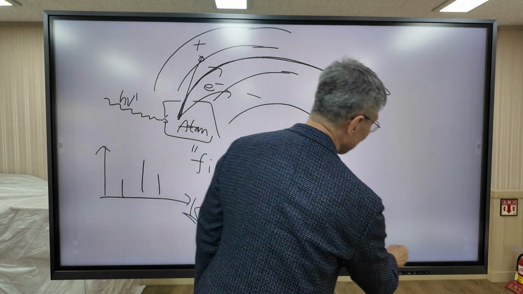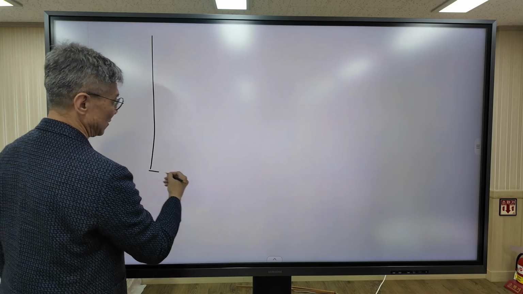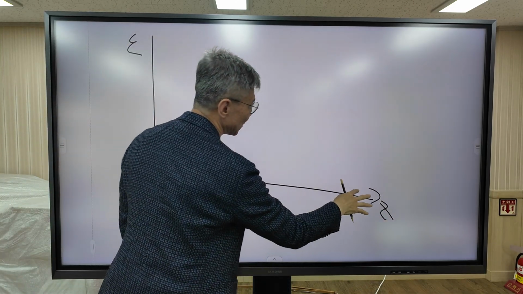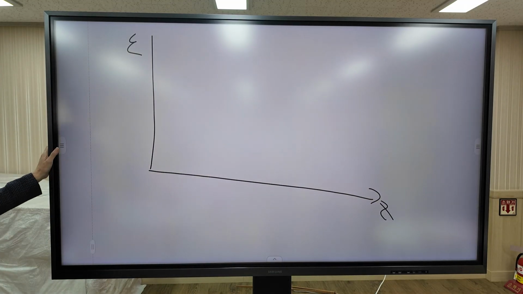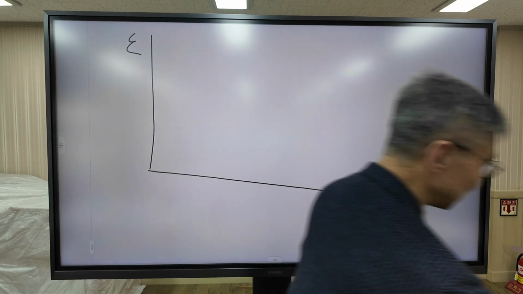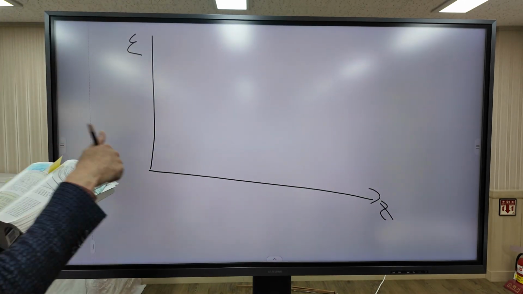And using this technique, scientists measure the orbital energy of the various elements in the periodic table. So the x-axis represents the atomic number, the y-axis represents the orbital energy. Now you need to pay close attention to the 2s orbital and 2p orbital energy. According to this graph, the 2s orbital energy looks like this.